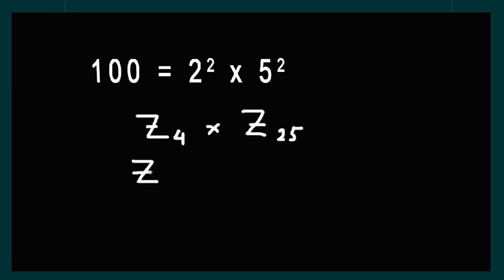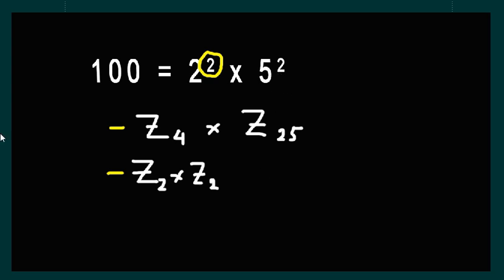And then if we break it down into a group, we have Z sub 2 times Z sub 2. Okay, so this is what this means. For the power of 2, we only have 2 ways: Z sub 4 and Z sub 2 times Z sub 2.